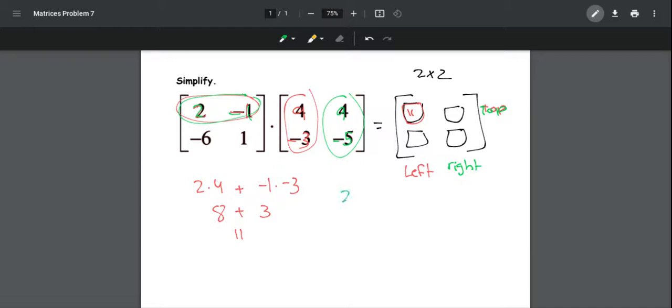So 2 times 4 plus -1 times -5. 2 times 4 equals 8. -1 times -5 equals 5. Then the answer is going to be 13.